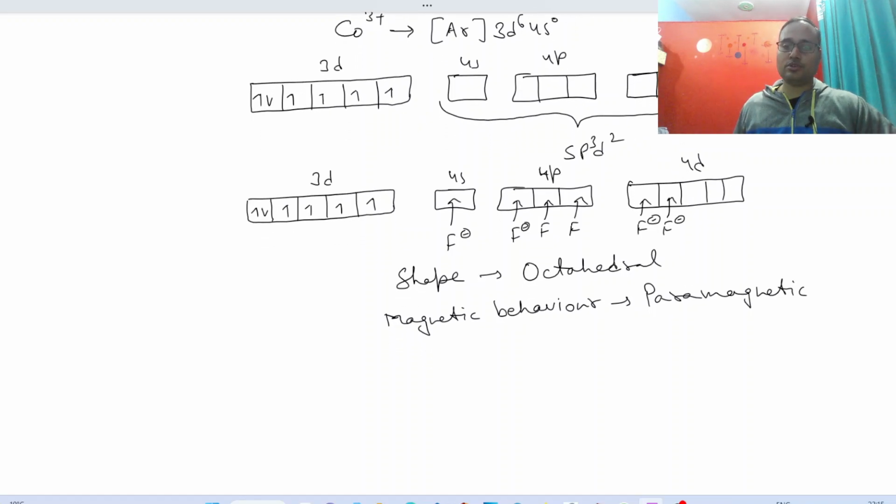And if we talk about the inner orbital or outer orbital complex, then we are using the outer d orbital in the hybridization of this complex. So we can say that it is an outer orbital complex.